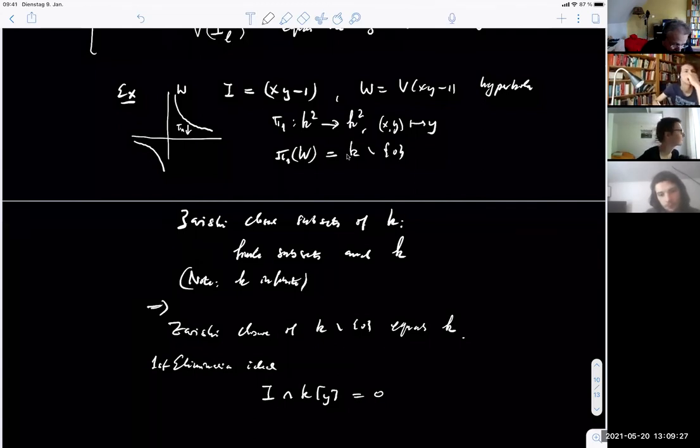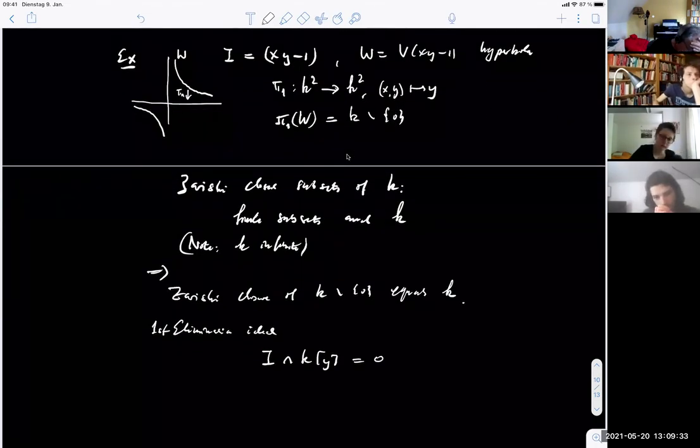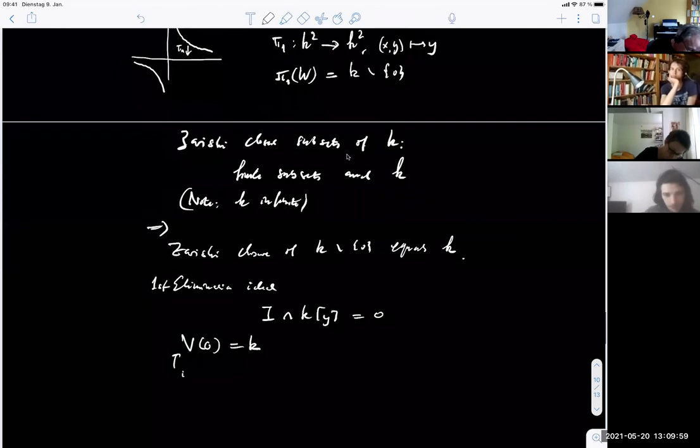And the zero set of the 0 ideal, interpreted as a subset of K, is K. So maybe this is confusing.